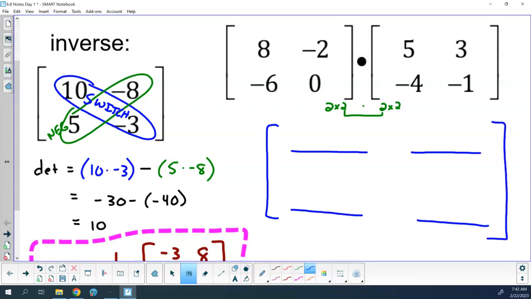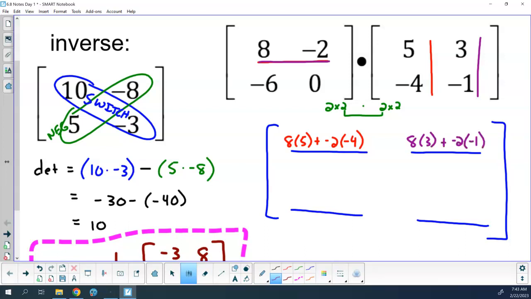So to do that 2 by 2 matrix, I take the first row of the first matrix and I multiply it by the first column of the second matrix. So that would be 8 times 5 plus negative 2 times negative 4. Then I take the first row times the second column. That would be 8 times 3 plus negative 2 times negative 1.